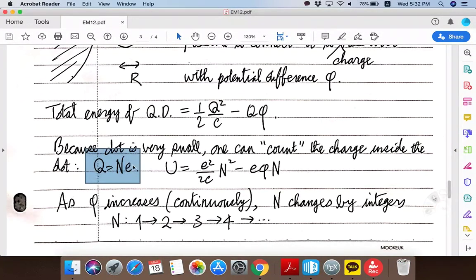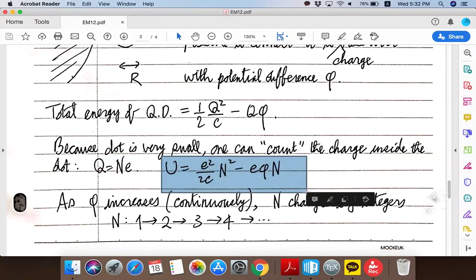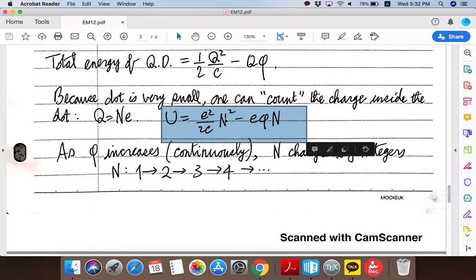So to emphasize the discrete nature, you can write the charge as some integer n times the charge of an electron, and that makes this energy expression look like that. So we have the first term proportional to n squared and the second term proportional to n.